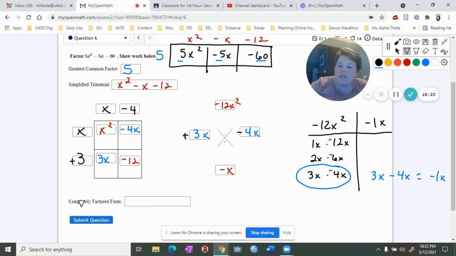So my completely factored form, I'm going to go back and grab my GCF, 5, and then I'm going to write the factored form of my simplified trinomial. So the left is x plus 3, and the top is x minus 4. So 5 times the quantity x plus 3 times the quantity x minus 4. And that's it for part 1 of Unit 2.